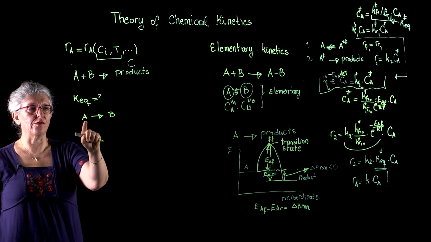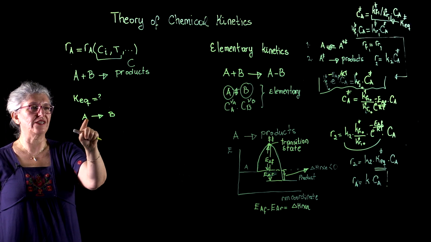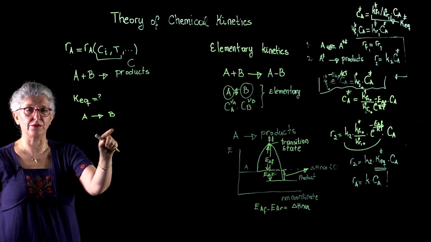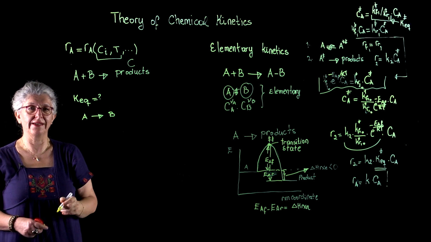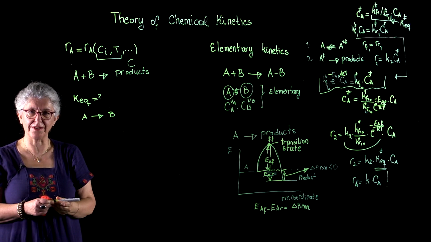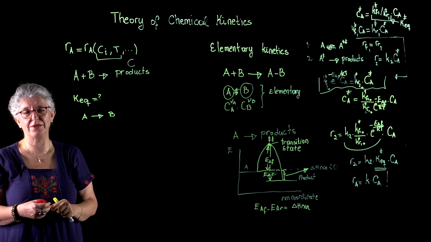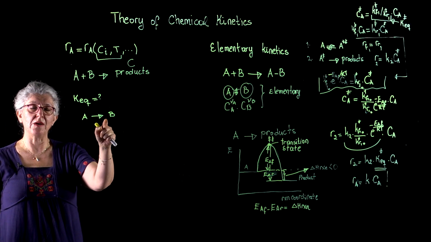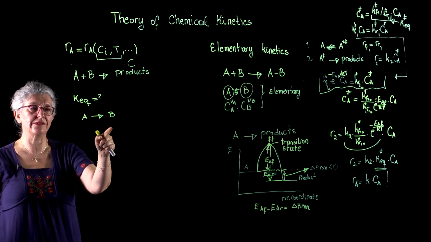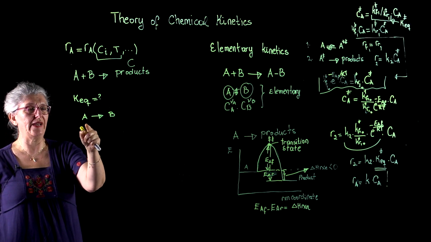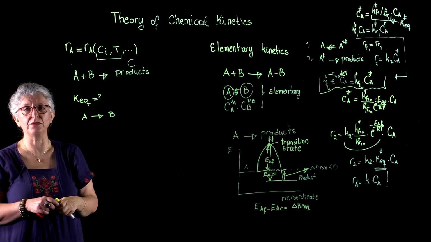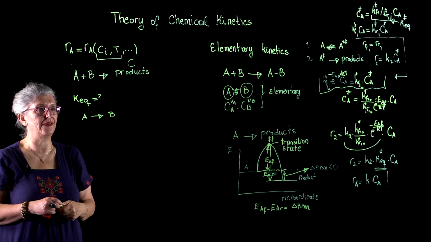This driving force pushes the reaction forward depending upon the thermodynamic state variables such as temperature and pressure and concentration. This reaction may or may not go to completion. In other words, all of A is transformed to B or not, depending upon the value of the state variables.